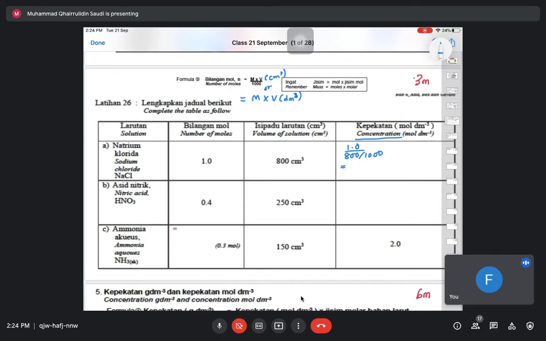And you will get 1.25. What is the unit? Yes, mole per dm cube. Good. So this is 1 mark.